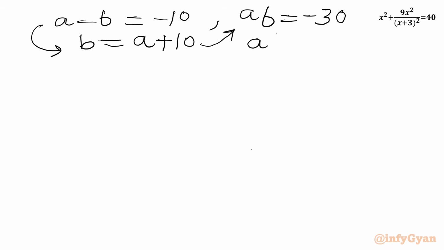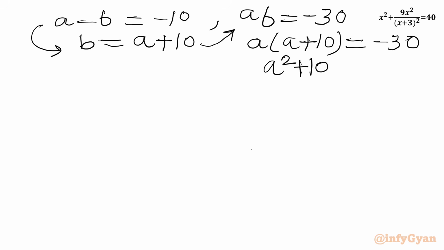And we will get A times A plus 10 equals minus 30, or we can write A square plus 10A equal to minus 30.